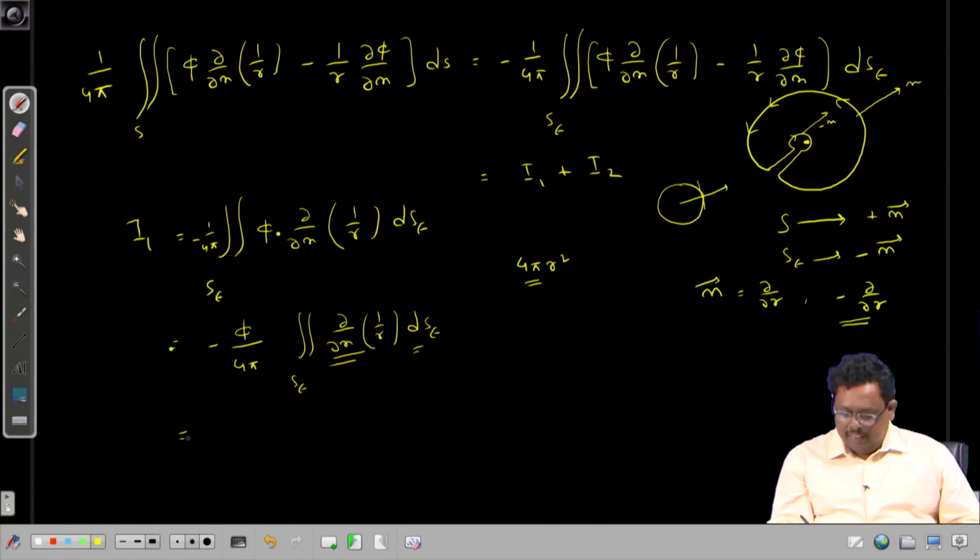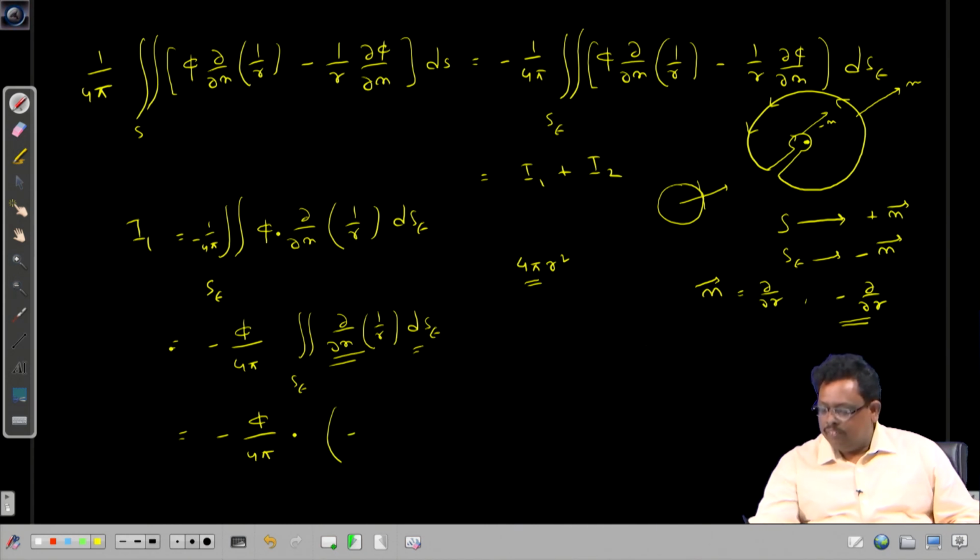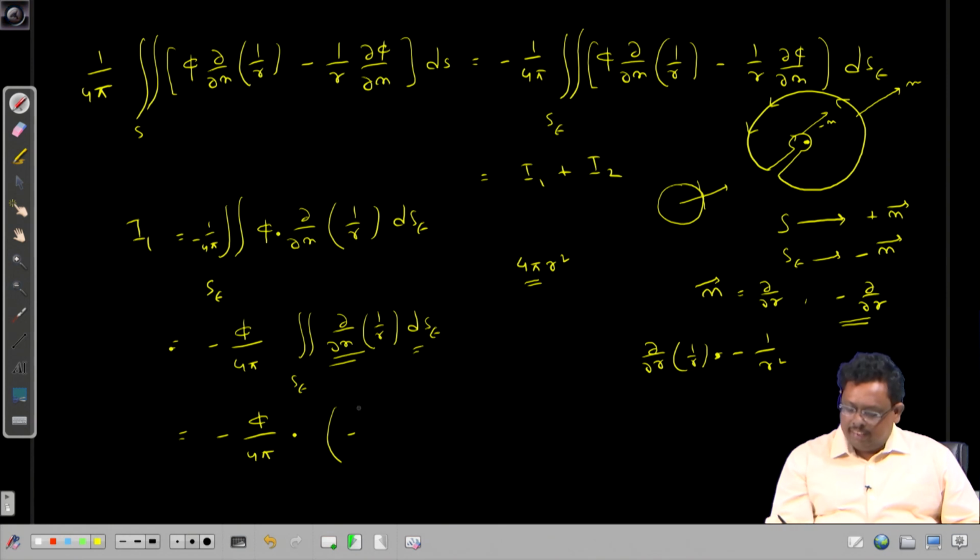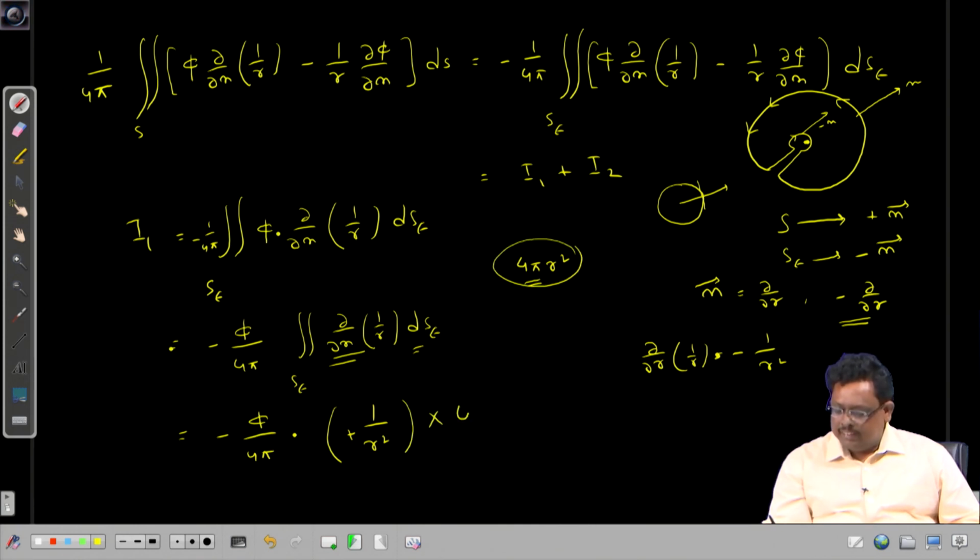So, I replace this, equal to minus phi by 4 pi, and then minus del r of 1 upon r, which equals minus 1 upon r square. So, this minus and this minus cancel out. It becomes 1 upon r square, and then I multiply by the surface area, which is 4 pi r square. So, r square cancels out, 4 pi cancels out, and this equals minus phi.